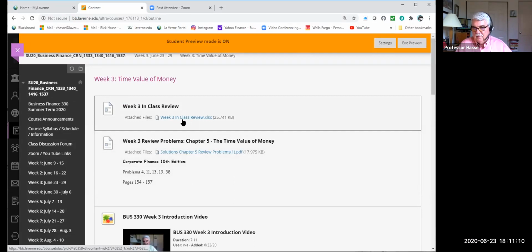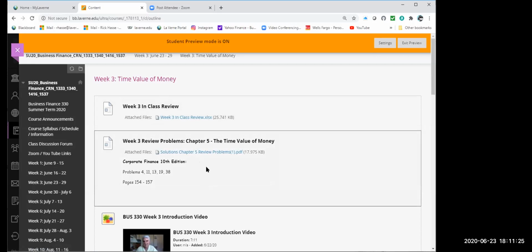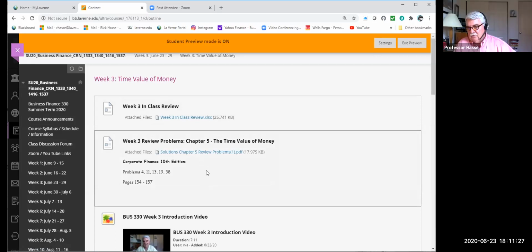If not, that's where it is located for after the class. There's a template there of the financial statements that we're reviewing tonight in class as review. Also, here are the solutions to the problems I will be reviewing tonight in class, a hard copy if you so desire, but I'm also going to be reviewing those problems on a spreadsheet this evening in class.